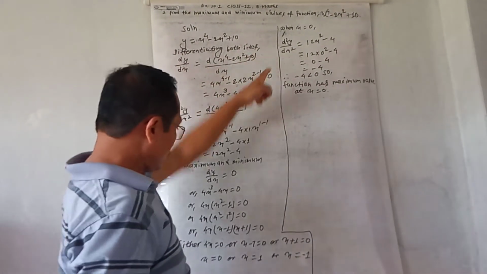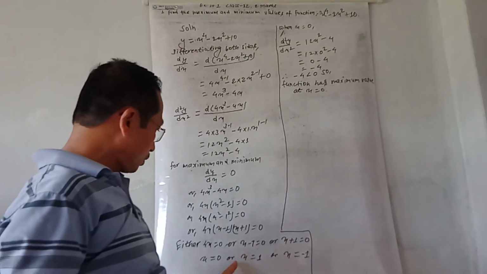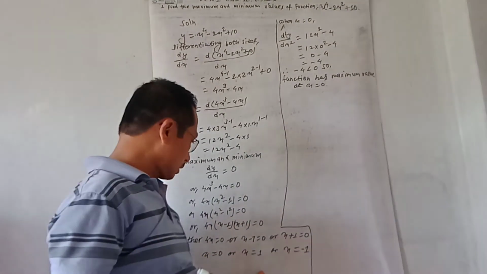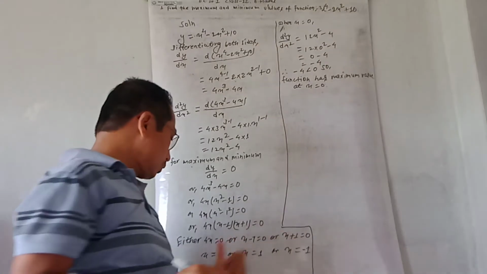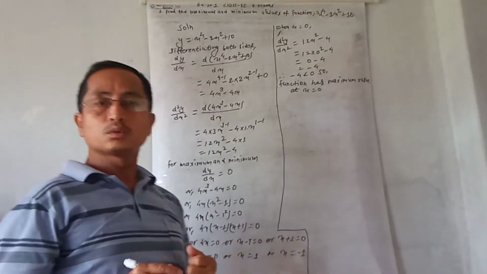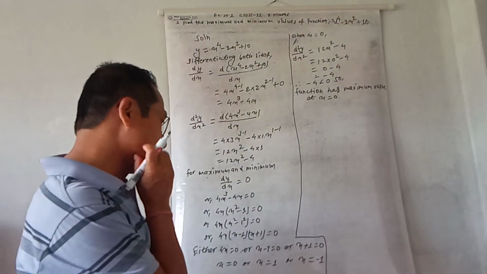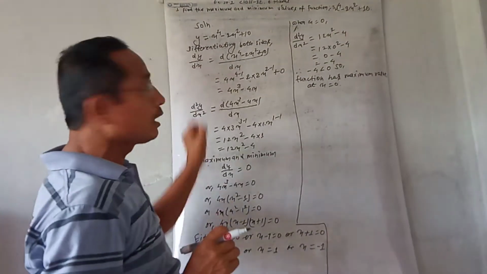Now we have to take x equal to 1. We have to take these three values: x is 0, 1, and minus 1. That's why we check by putting these three values in the second derivative.